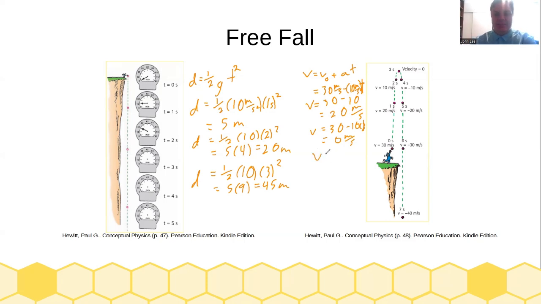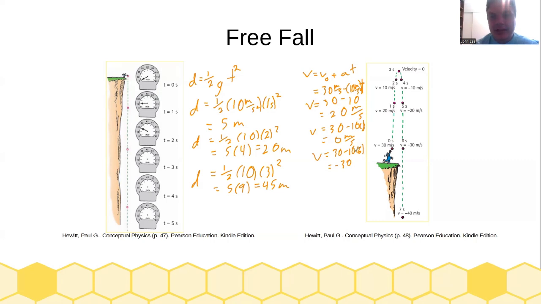And at t equals 6 seconds, this is going to be equal to 30 minus 10 times 6, which is actually going to be a negative 30 meters per second.